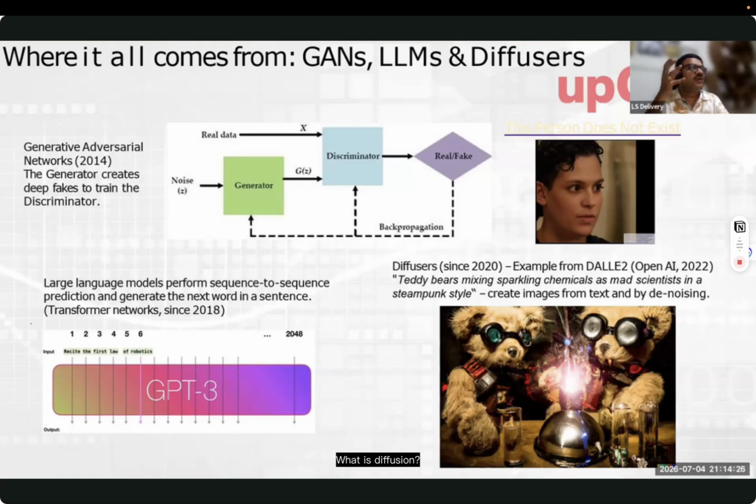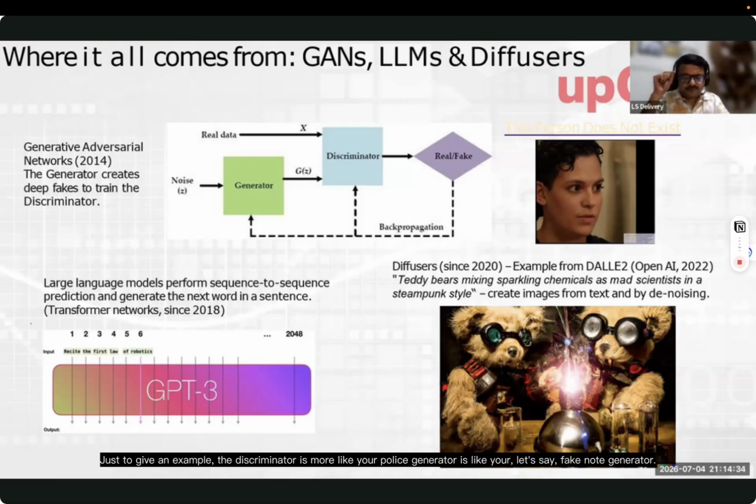What is diffusion? Just as an example, a generative adversarial network, as the name indicates, has a generator and a discriminator. Just to give an example, the discriminator is more like your police. The generator is like, let's say, your fake note generator.